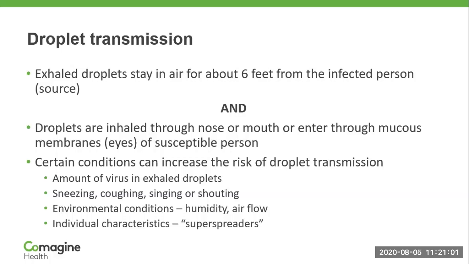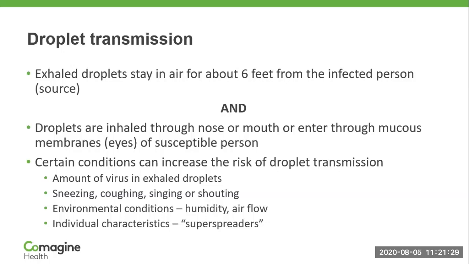Environmental conditions like humidity and airflow can make a difference. If you have, for example, a fan blowing across an area, that can impact where those droplets land. And with humidity, in theory anyway, the droplets will drop more quickly, because as they dehydrate and become smaller, they can move further out from the source.